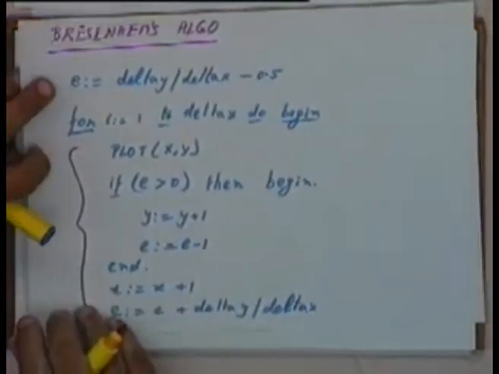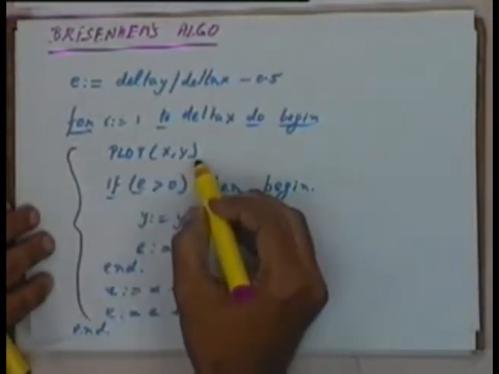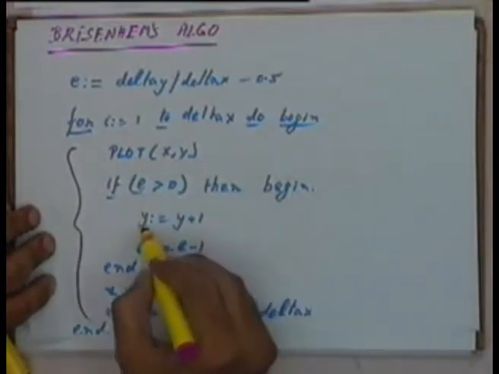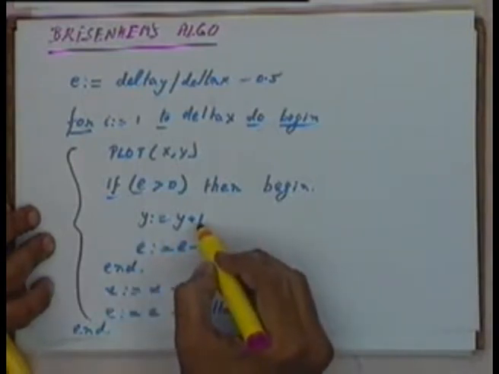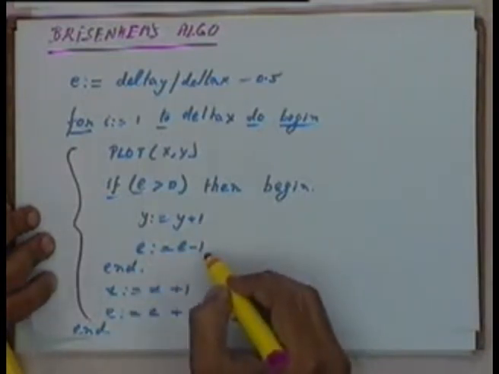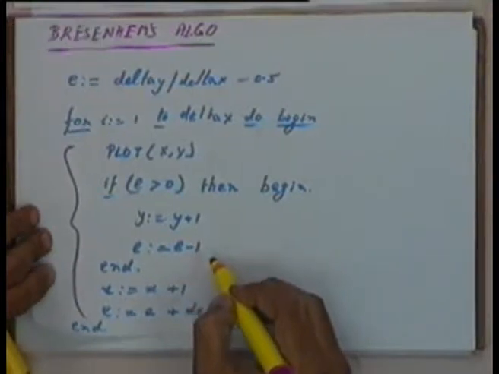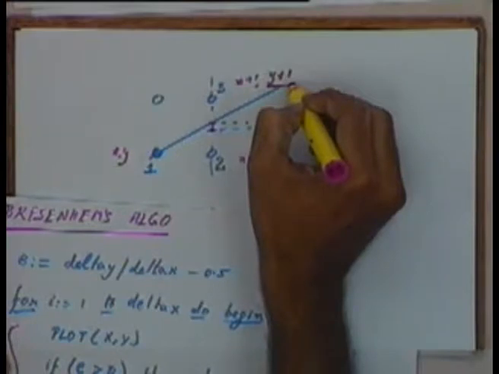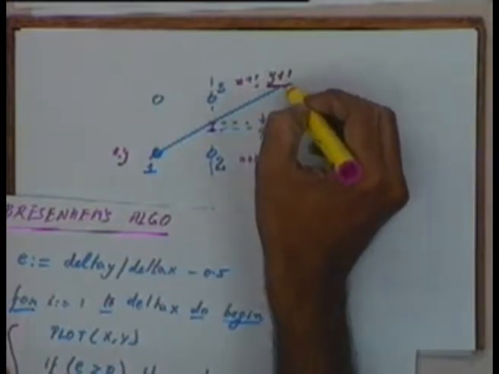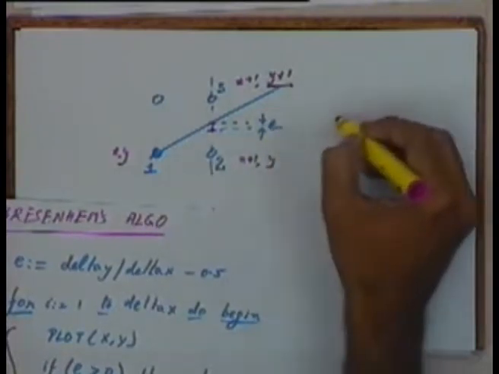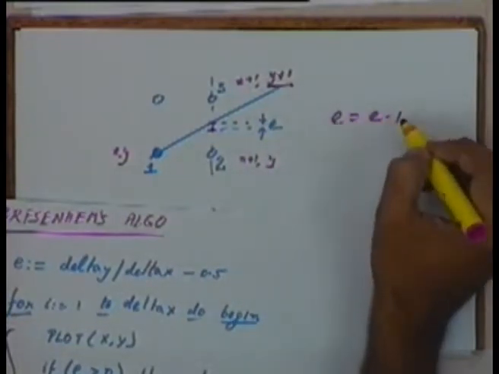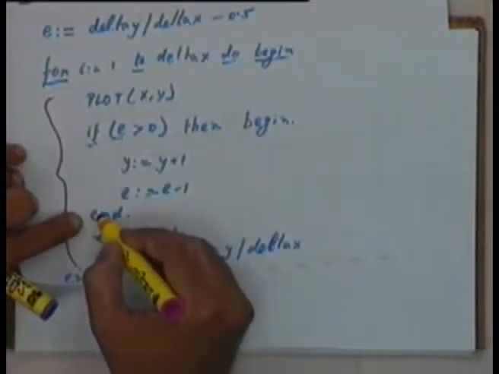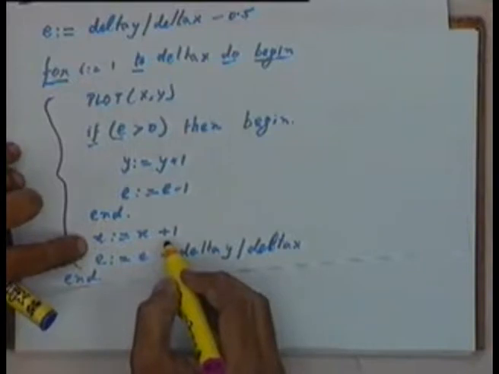Okay, so we have plotted the first pixel xy. If E is greater than 0, then we are saying y is equal to y plus 1 and E is equal to E minus 1. That means we are changing the value of y to y plus 1, and the error term E will be equal to E minus 1. And then immediately out of this if statement we are saying x is equal to x plus 1.